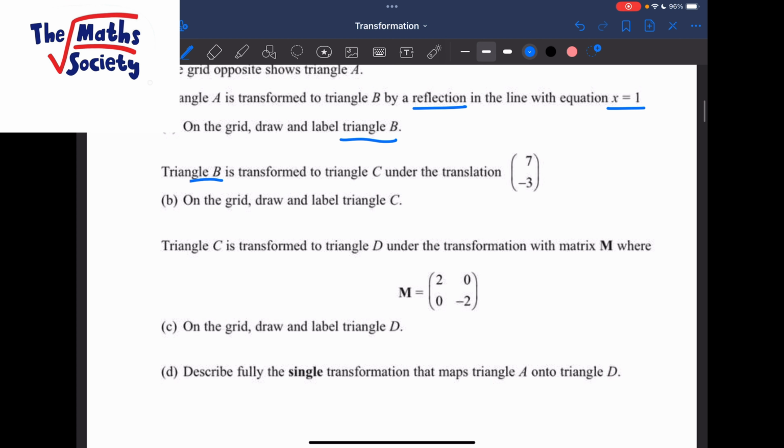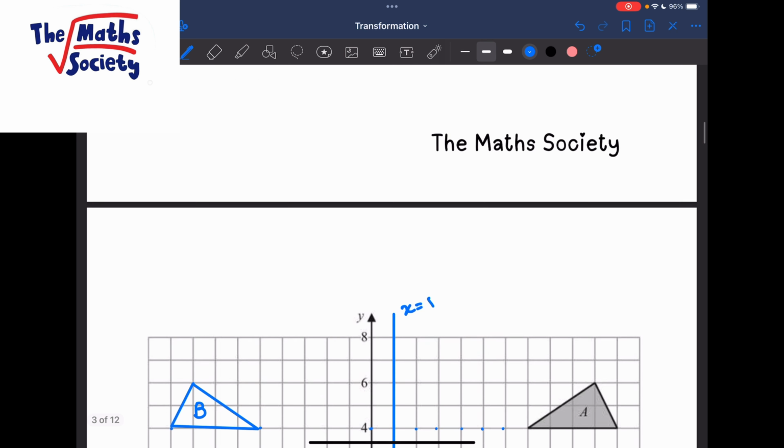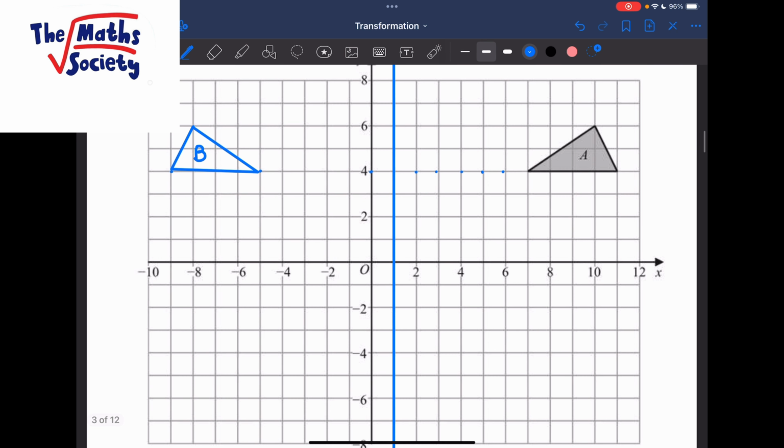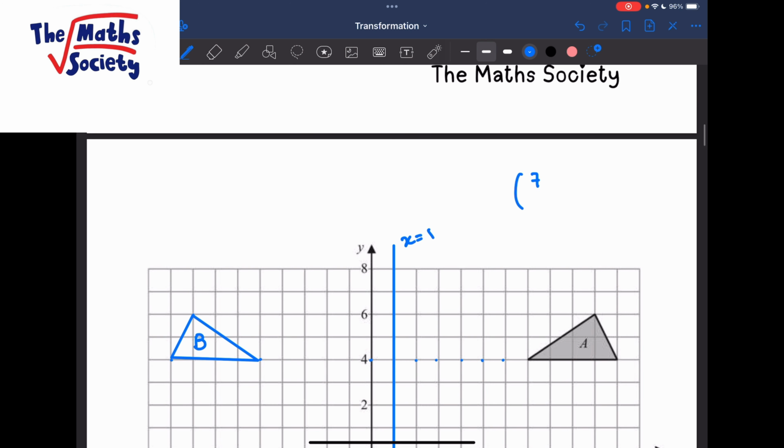Then it says triangle B is transformed to triangle C under the translation 7, -3. So we just do the translation from B to C. 7, -3 means we're going to go right if it's positive, and left if it's negative. For the down one, if it says minus, we're going to go down, but if it's plus, it goes up.